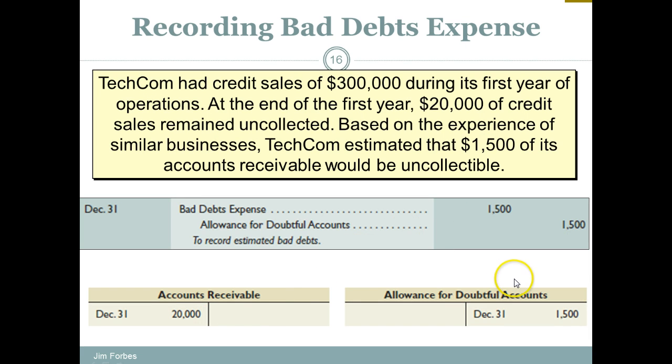This reserve, the allowance for doubtful accounts, is a contra account, sort of like the depreciation we studied earlier. You'll notice that accounts receivable is a debit because it's an asset, but here you're crediting it. So it's going to lower the value of your total accounts receivable down to $18,500 on the balance sheet. And so you will show those three numbers on the balance sheet.